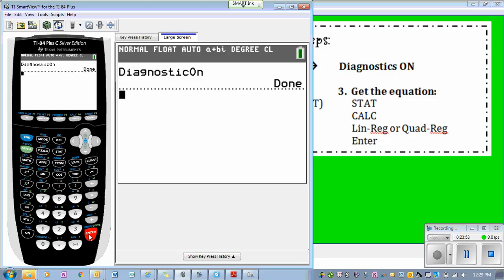All right, so that's one of the things that you have to do when you get your calculators. Especially on the SOLs, when you get your calculators, please make sure that you turn the diagnostics on and that you go to mode A plus B on.